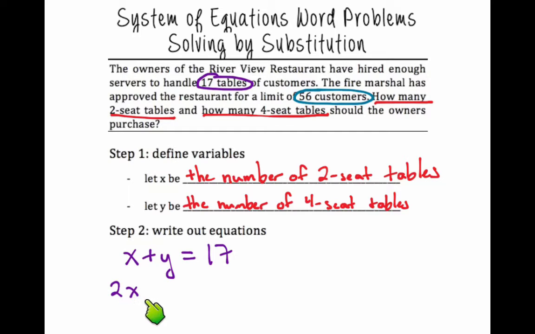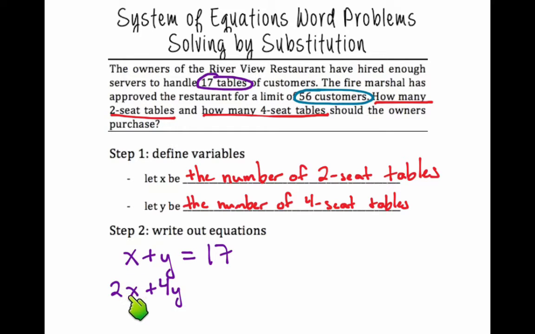So depending on how many tables we get that have 2 seats each, we multiply that by 2. That tells us how many people total can sit at those tables. We'll do the same thing for Y. We're going to multiply 4 people per table at those Y 4-seat tables. And then we can add that, 2X plus 4Y.